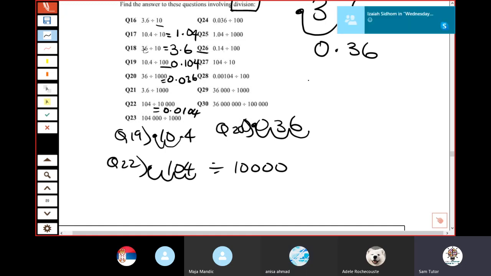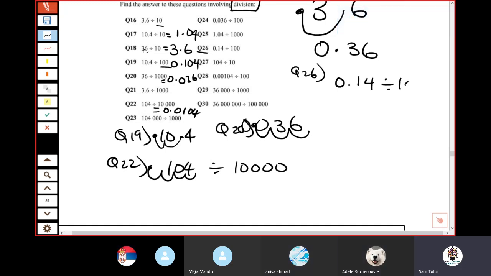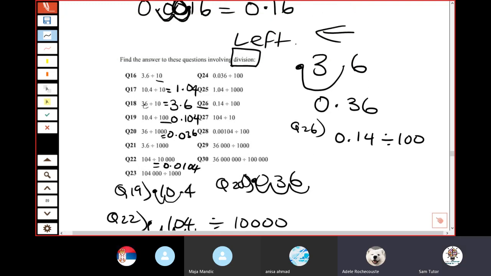Question 26, Adele. 0.14 divided by 100. Where do I start from? At the end of the 4 or at the decimal? At the decimal. Correct. So you go 2 spaces right. No, no, no. Oh, we're doing division.